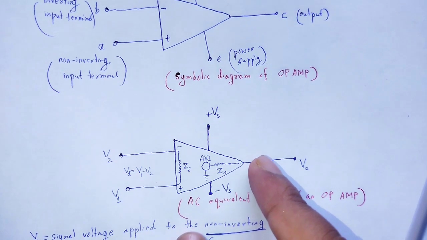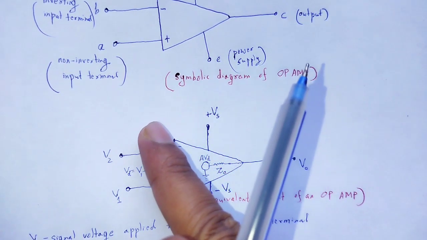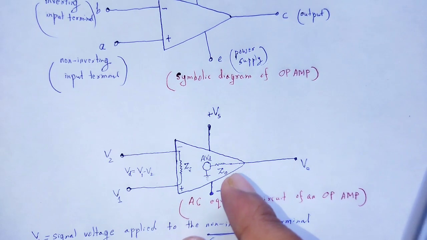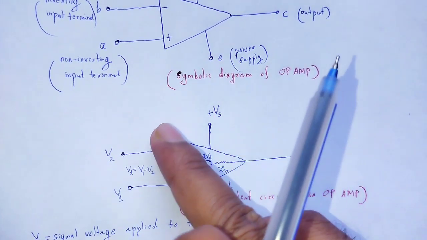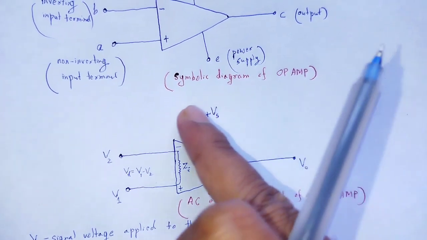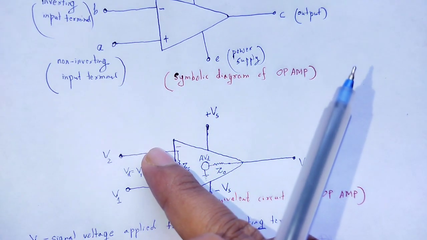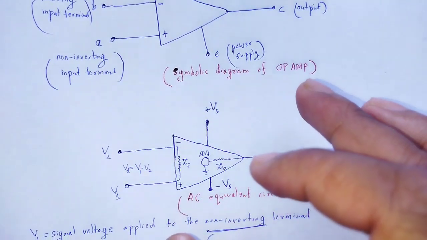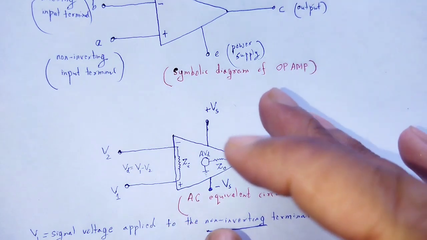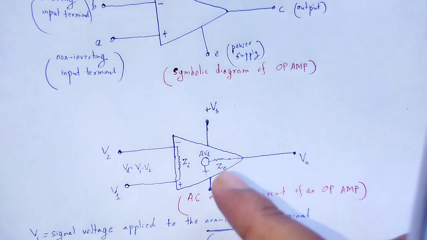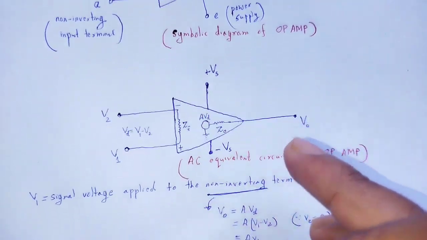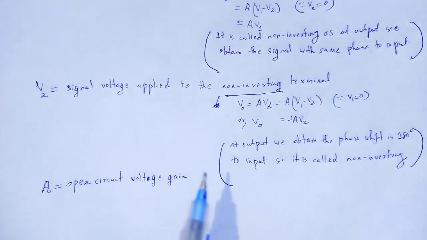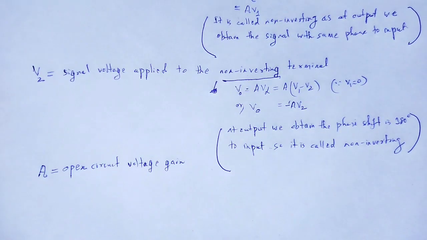Here there will be no feedback. Feedback in the sense we don't provide any input from the output. So that circuit is open, not closed. Therefore, the gain in voltage is considered as open circuit voltage gain.